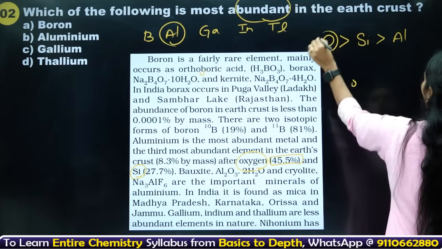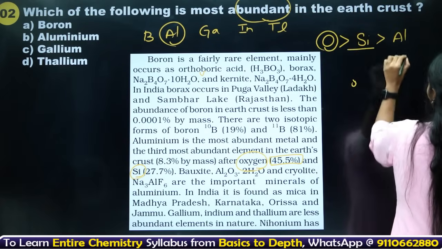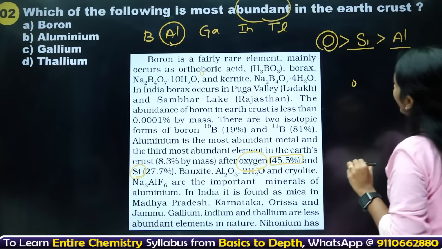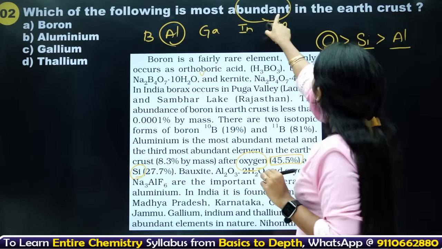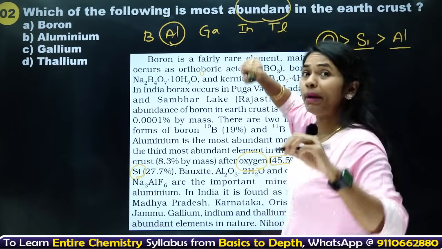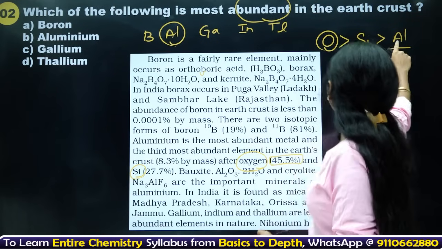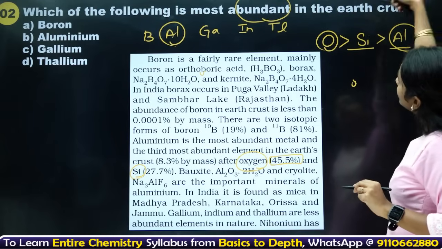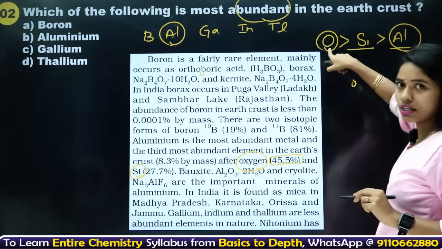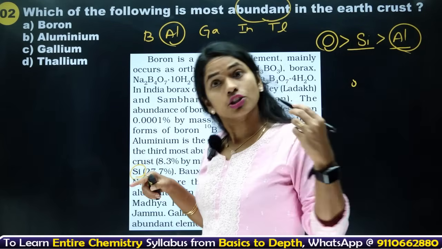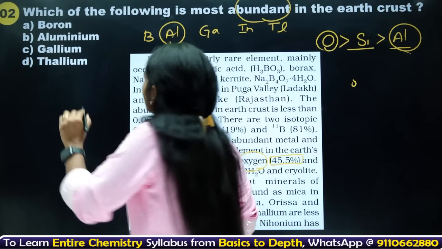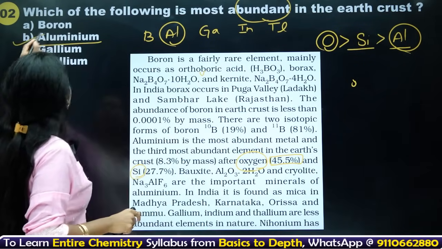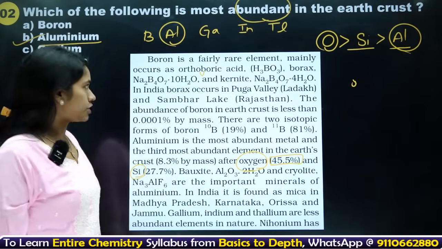But this is a non-metal, this is a metalloid, this is a metal. If they ask the question of most abundant metal, then the first priority is aluminium. If they ask most abundant and oxygen is also given as an option, then you should tick oxygen. In these options, aluminium is the most abundant.